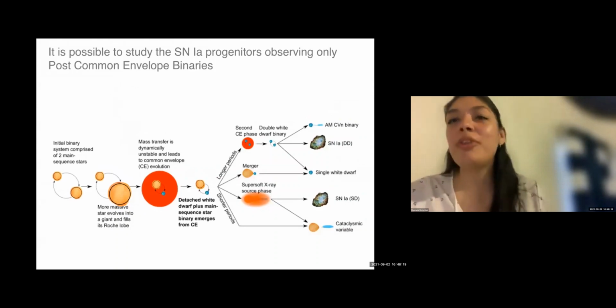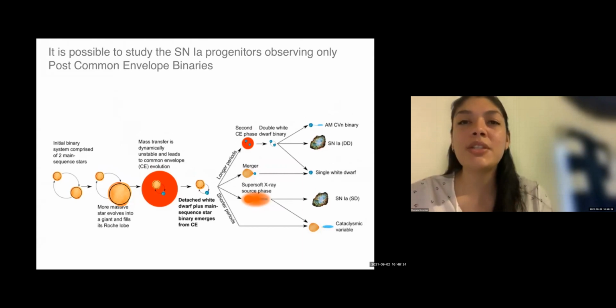As was shown before, this is the big picture of the evolution of a binary system, starting with two main sequence stars with intermediate mass. And as always, the more massive will evolve first. When it is in the AGB phase, it will start to transfer mass in a dynamical and unstable way, and will cover the entire binary in a common envelope.